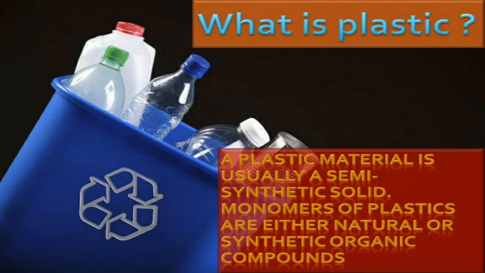A plastic material is usually a semi-synthetic solid, and the monomers of plastics are either natural or synthetic organic compounds.